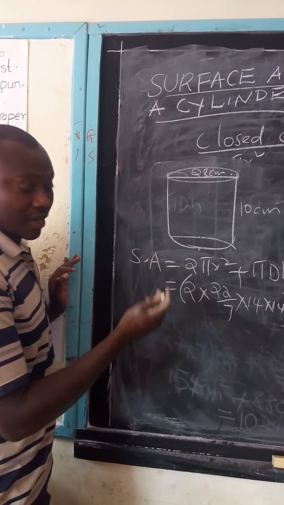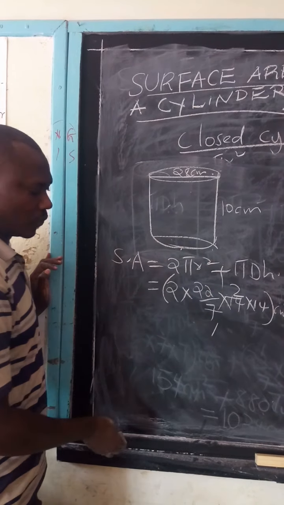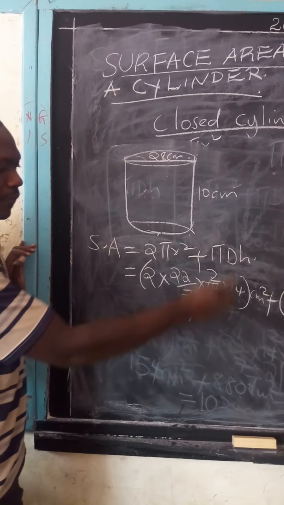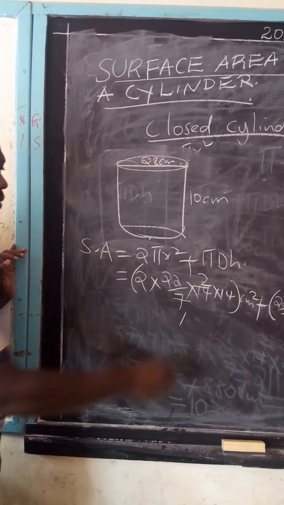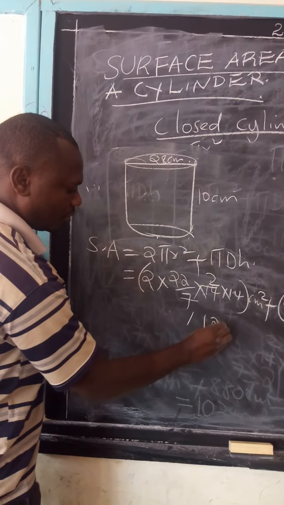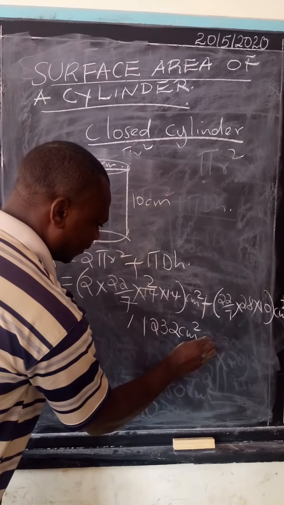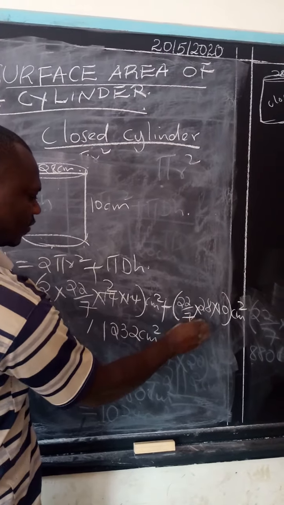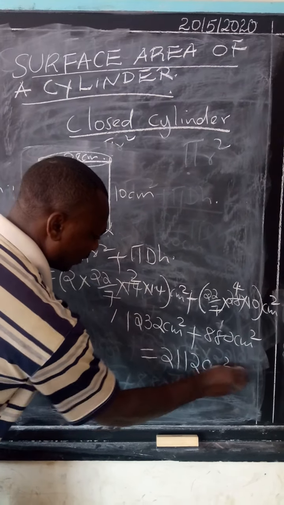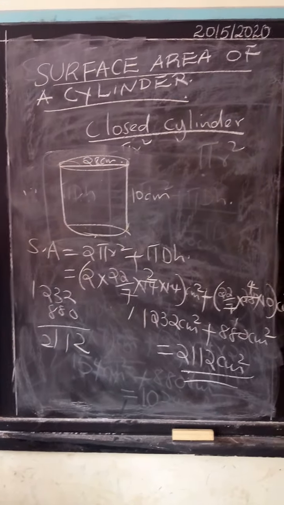So after that, we work out now. You simplify 7 1, 7 2. So 2 by 22 is 44, by 22 is 88. By 14, that will give you 1232 square centimeters, plus 880 square centimeters. So that one will give you the surface area of this closed cylinder.